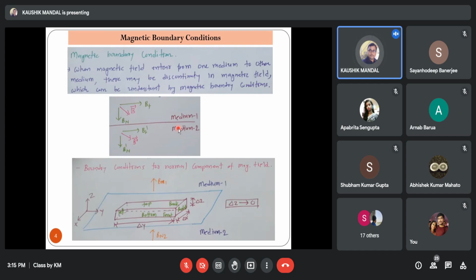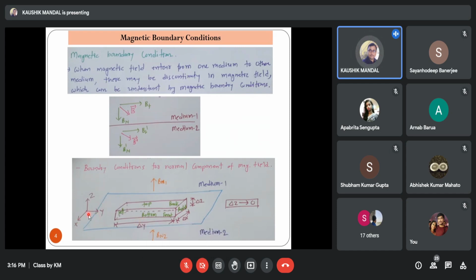So first we will consider the normal component of the magnetic field. In the same way, this is medium 1 and this is medium 2. These two media are separated by this surface drawn in blue, the interfacing surface between the two media.